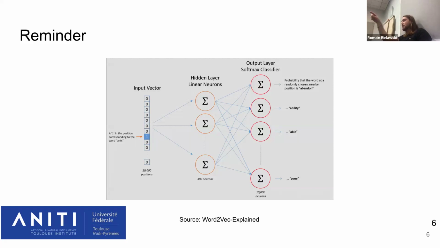So for instance, the 9th word would be able, I don't know, and able would be as distant as ants as any other words in the dictionary, because all the dimensions here are orthogonal, are different, and so you cannot compare the words in the input vector.